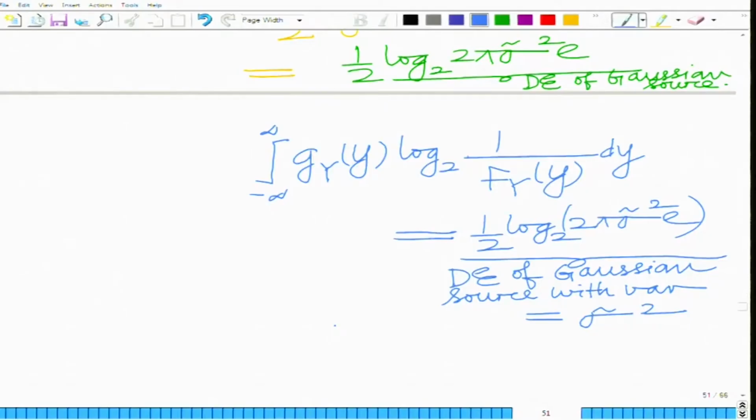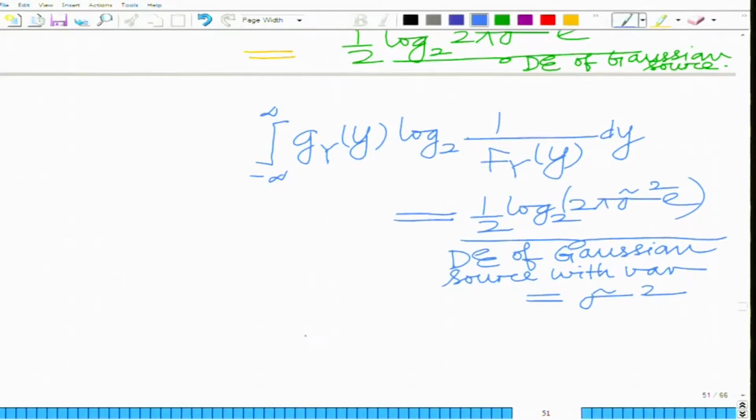And now finally, taking this all back and substituting it, this integral we have evaluated.